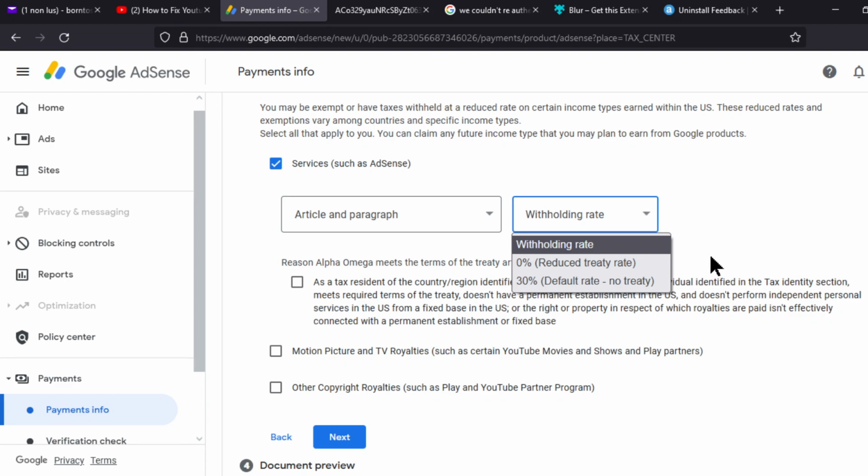Default rate, no treaty. Oh my God. What do I have to click right now? Now I have to watch that guy's video again because there are too many choices. Default rate, but I've already chosen the country. If my country has a tax treaty with the US, then just put that. Don't give me other choices as if I haven't already put the country. They told me that my country has a tax treaty with the United States, so don't give me other choices of those that don't have a tax treaty, just to confuse me.